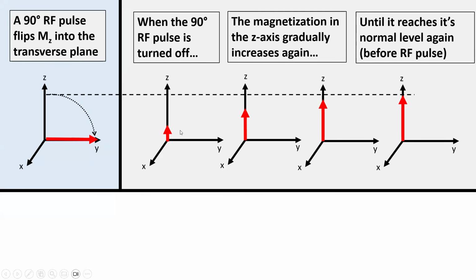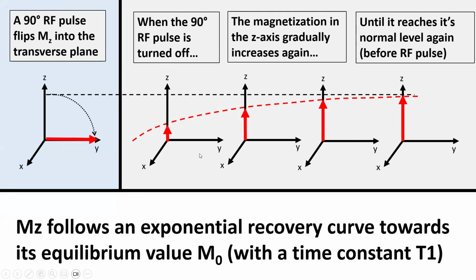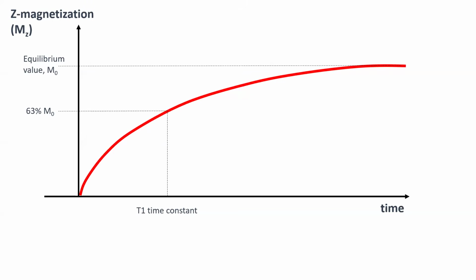And if we look at these diagrams and try to connect them, so this is what happens over time, we see that the longitudinal magnetization gradually increases and it follows an exponential curve. We call that the T1 recovery curve until it reaches its normal equilibrium value. This is the T1 relaxation curve.